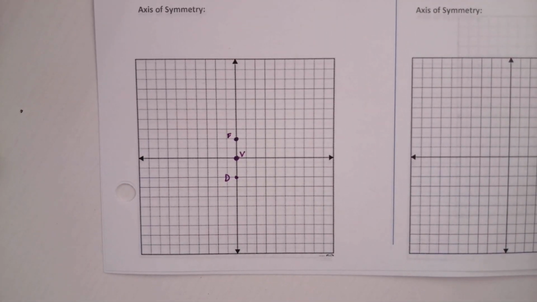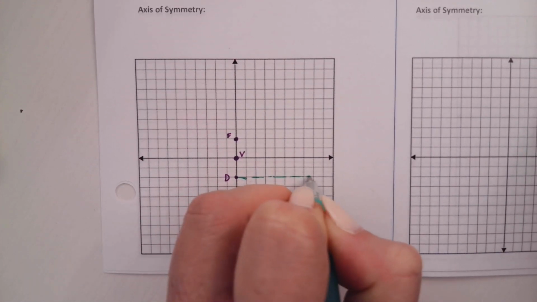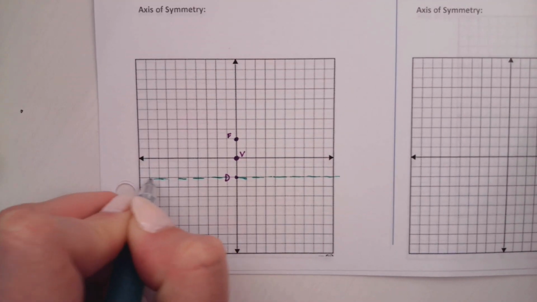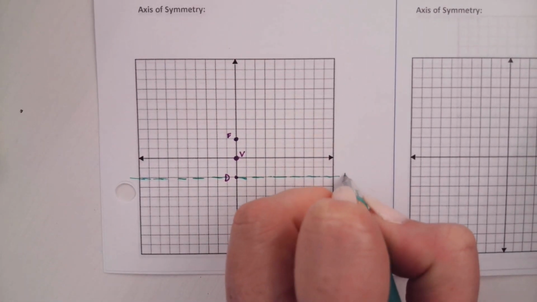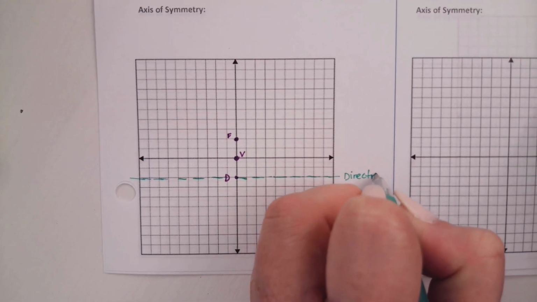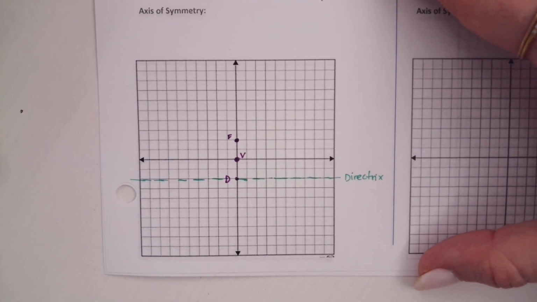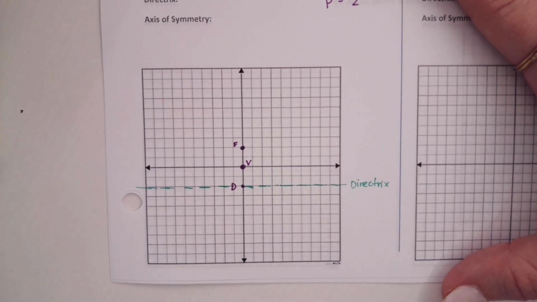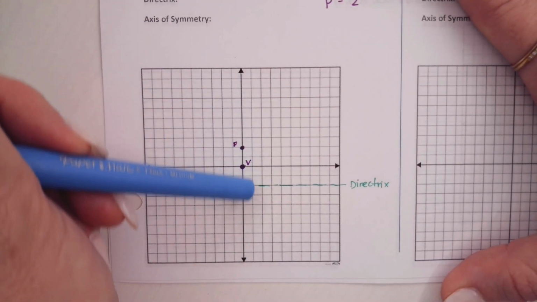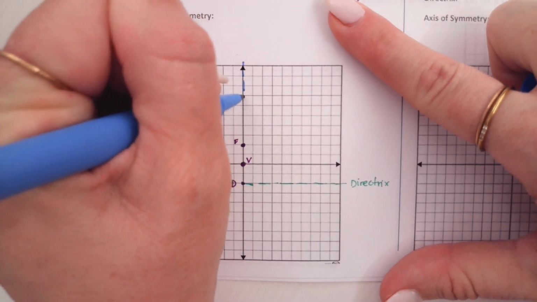I'm going to graph that horizontal line as a dotted line because, like an axis of symmetry, it just helps you graph, but it's not the actual parabola. And then I can graph my axis of symmetry. It's going to cut down right through the focus and the vertex. It's going to be a vertical line on this one.